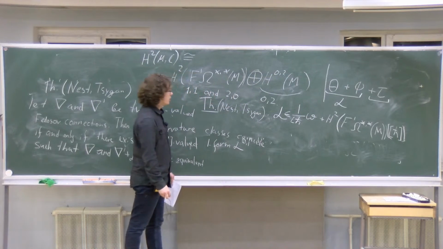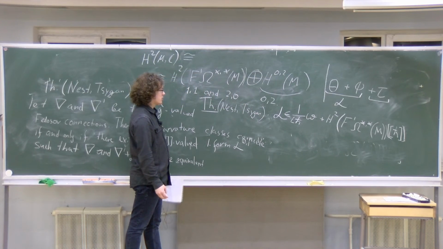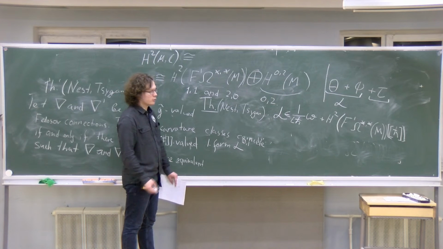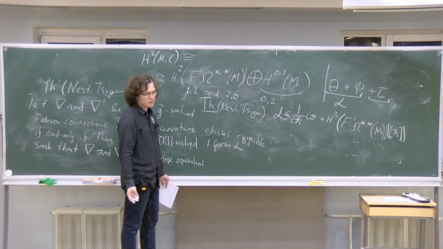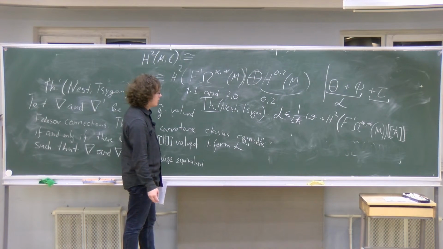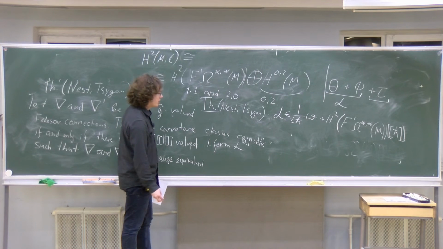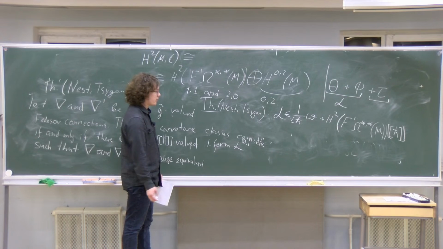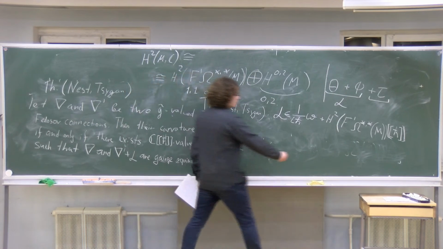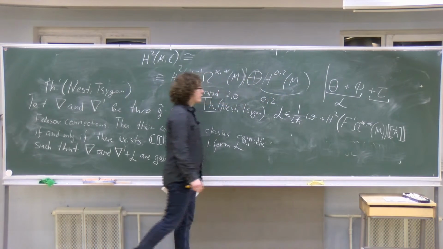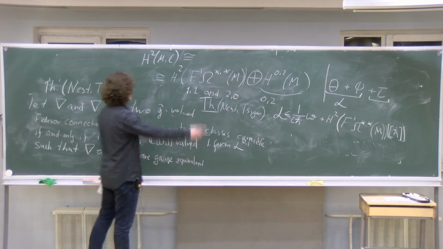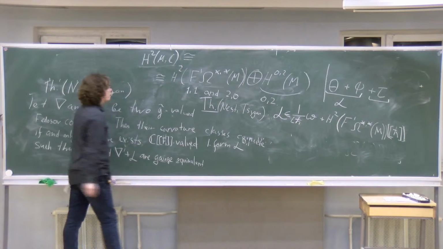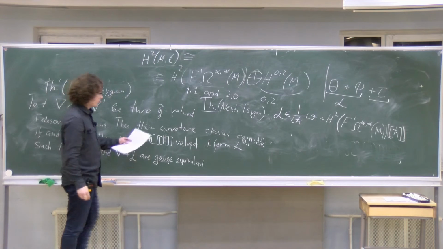So we have something like cohomology classes with coefficients in formal power series, and we also can think about it as a power series with coefficients in cohomology classes of our manifold M.